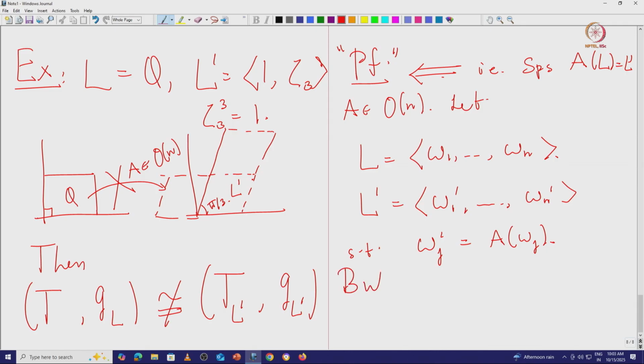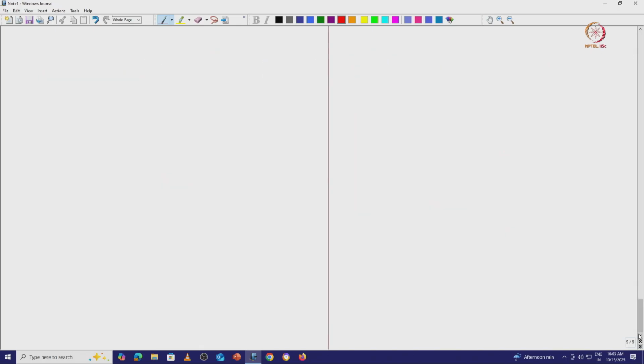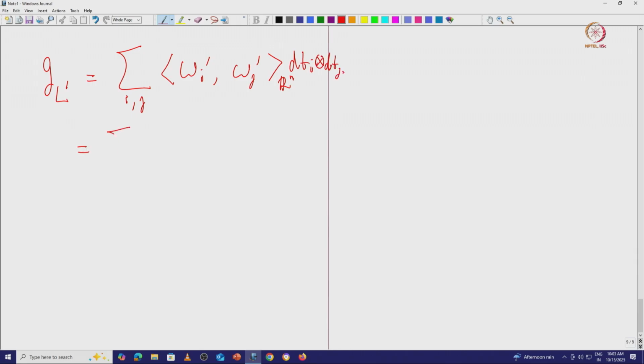But then by our explicit formula, what is GL prime? That is the summation over i, j of omega i prime inner product omega j prime, this is the inner product in R^n, times dTi tensored dTj. But that is the same as A applied to omega i times A applied to omega j.